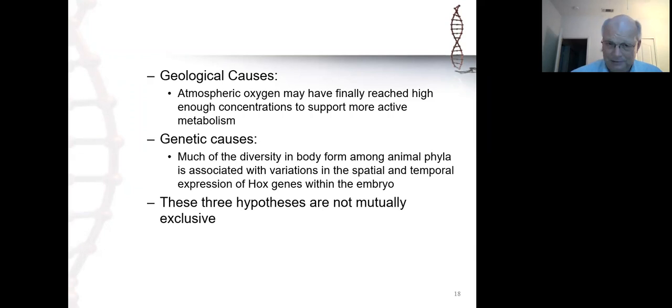So the reality is none of these three hypotheses can really stand without an input from the other two. So it's most likely that all three of these causes were in play during that 10 million year period that we define as the Cambrian explosion.